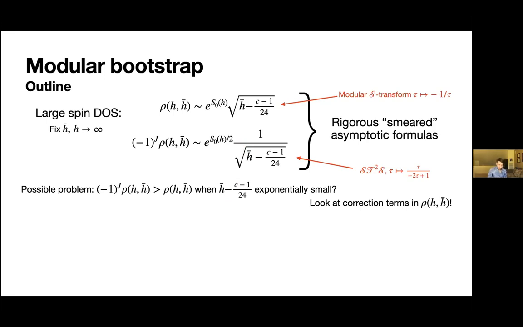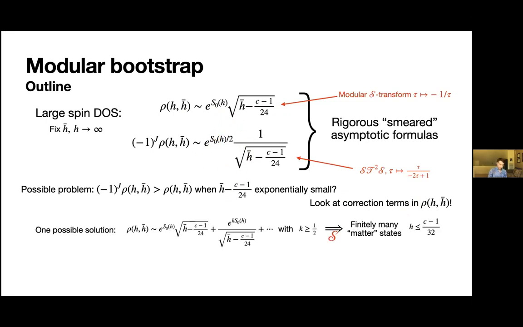And it's kind of hard to look at that combined double limit to zoom in on this regime with a negativity, but we can get some suggestions for what goes on by just looking at what the correction terms are to this density. So the idea is that there's some correction term here that is larger than this leading term in the density with signs.